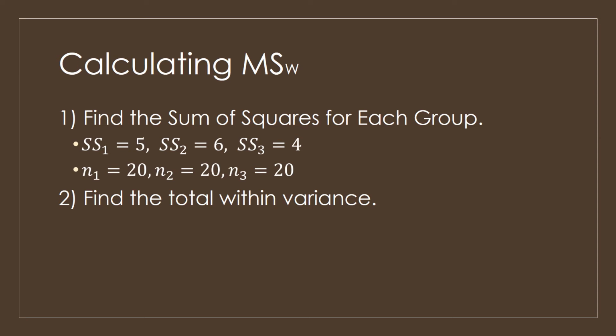So we're going to find the total within variance. And all you've got to do, super simple, when you have the sum of squares, is the MS within is just going to be the first sum of squares plus the second, and then plus the third.